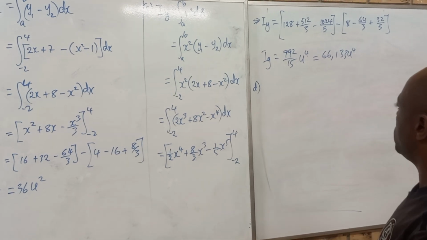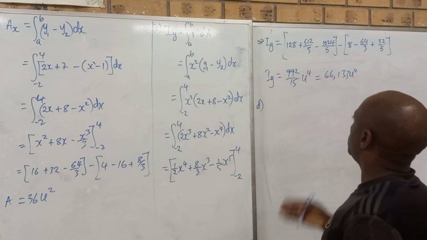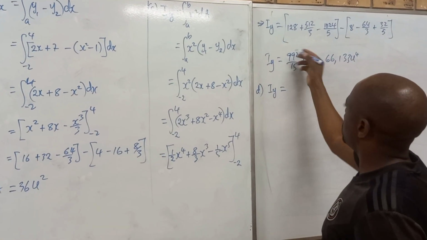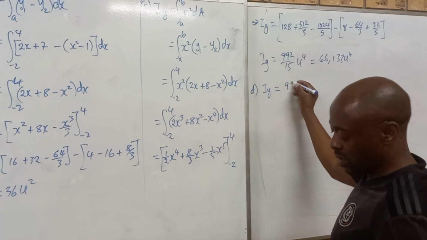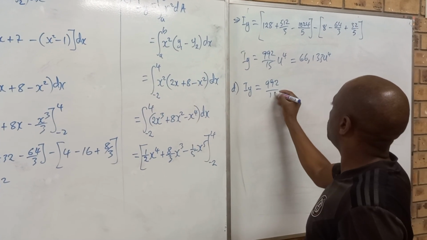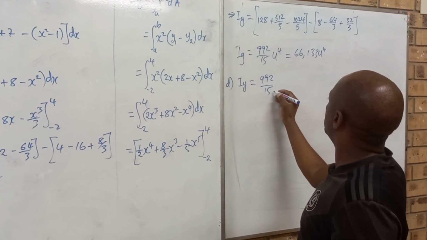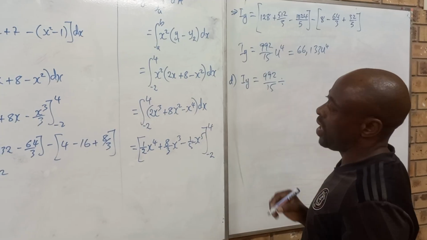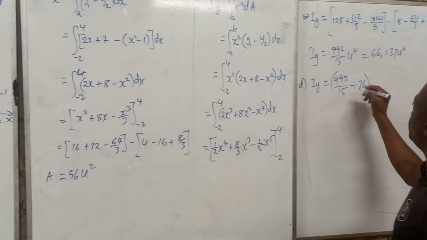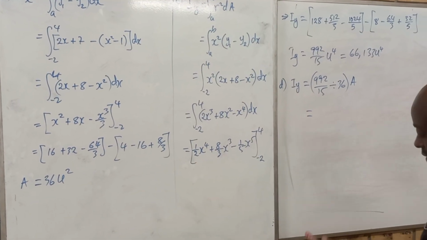Then the last part, which usually says express the answer in C above in terms of the area. What you simply do is you copy this answer, which is 992 over 15. You divide this answer by the area. Our area was 36. Then you multiply by capital A. That's how you write the answer in terms of the area.